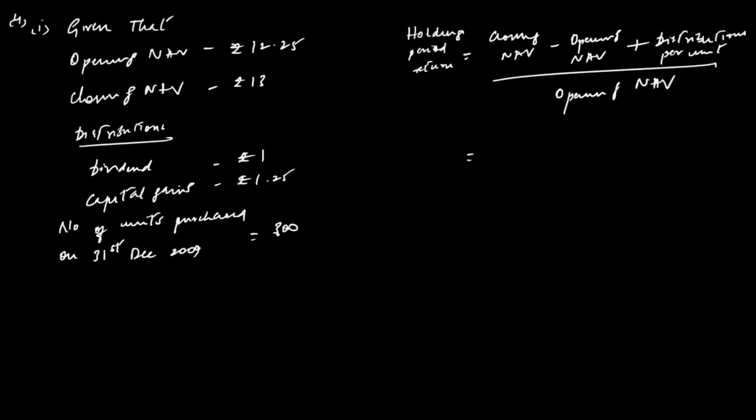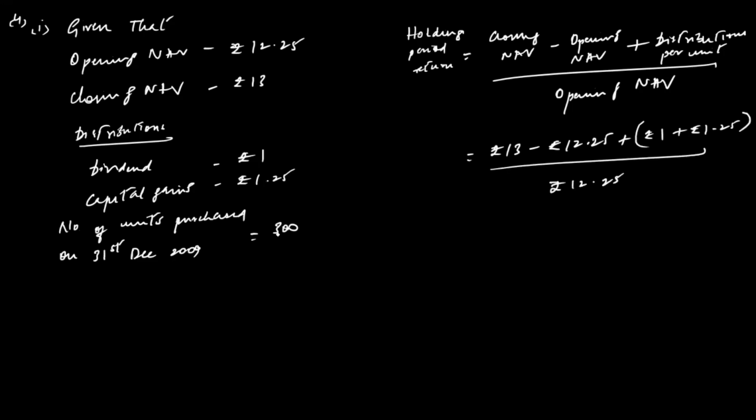Now, plotting these values here, we get rupees 13 minus rupees 12.25 plus rupees 1.25 plus rupees 1 divided by rupees 12.25. Sorry, this is 1.25 and this is 1.